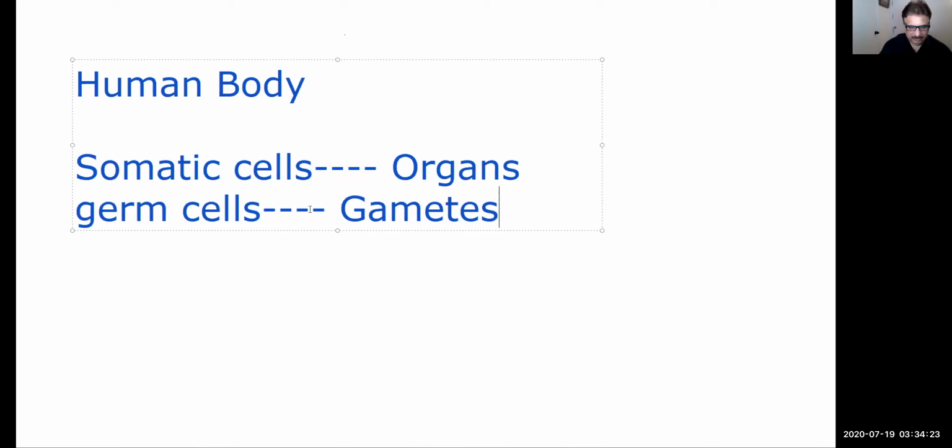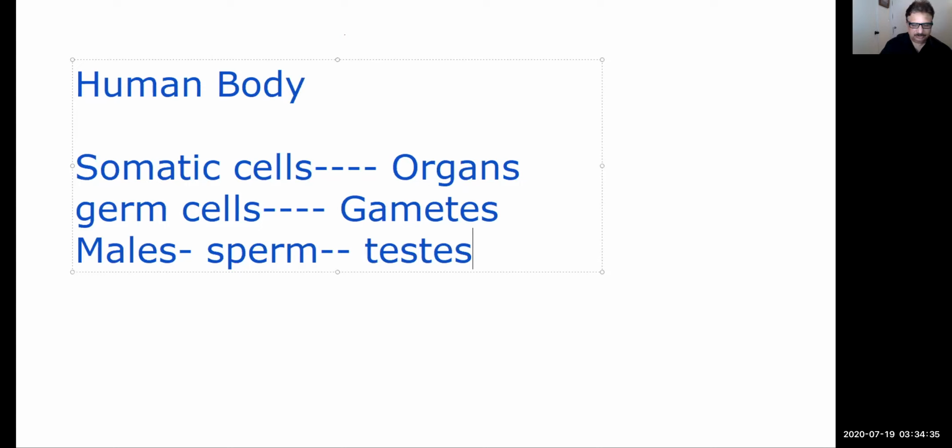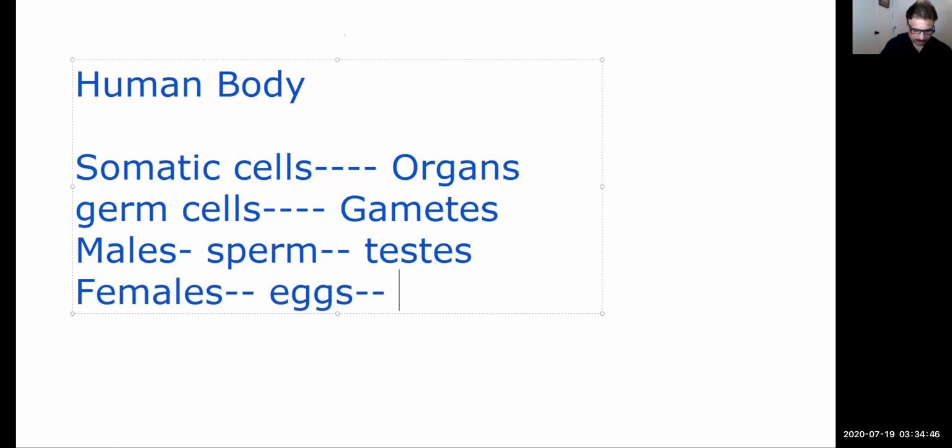So in males, they will form sperm, which is formed in the testes, and in females, they form eggs, which are formed in the ovaries.